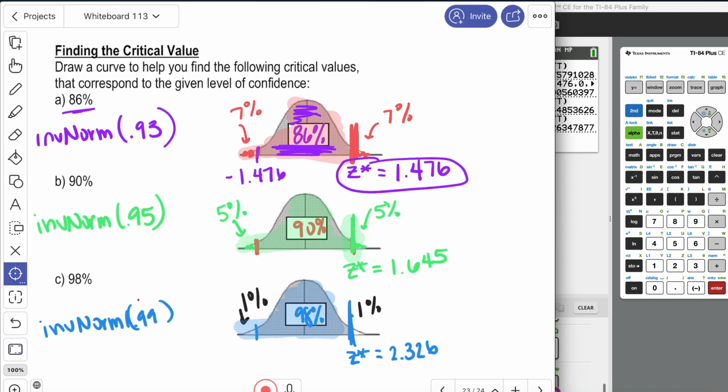And then when we were at 98%, the z-star that we got was 2.326. So what's happening as that confidence level is increasing? Well, that critical value is getting bigger. So keep that in mind as we move to margin of error, because that's going to affect our margin of error. So as the confidence level increases, the critical value also increases.